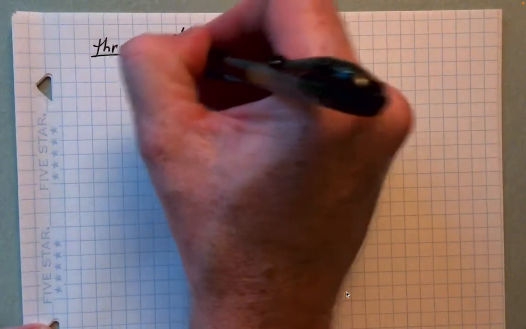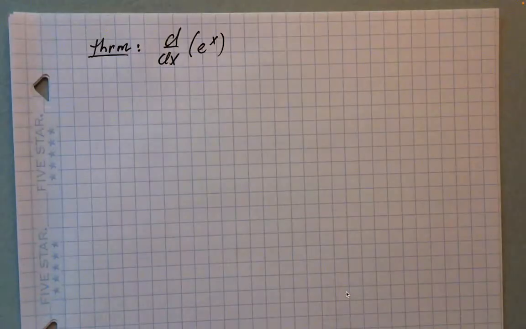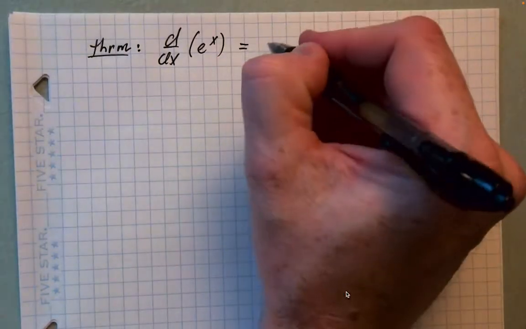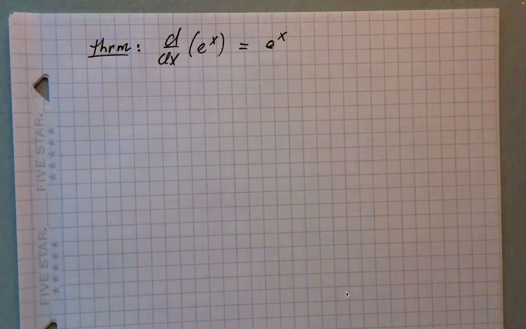The derivative with respect to x of e to the x is e to the x. One of the most intriguing characteristics of the natural exponential function is that it is its own derivative.